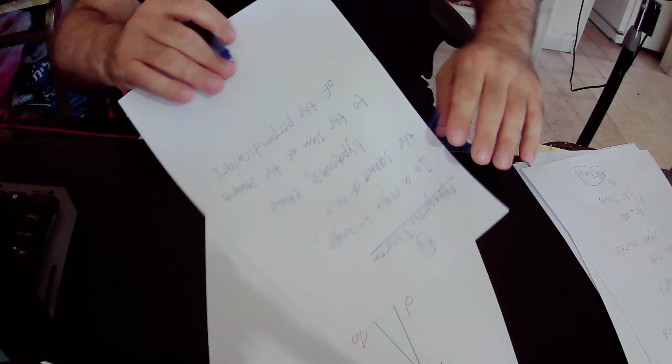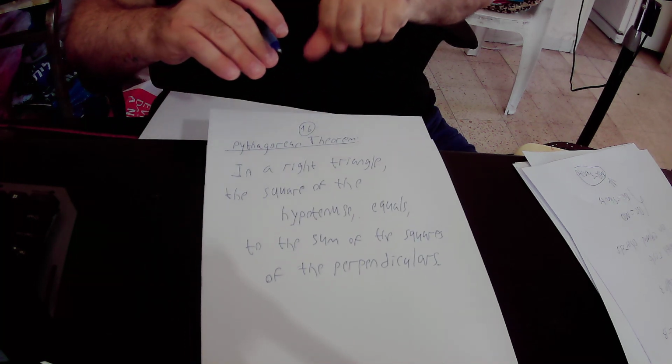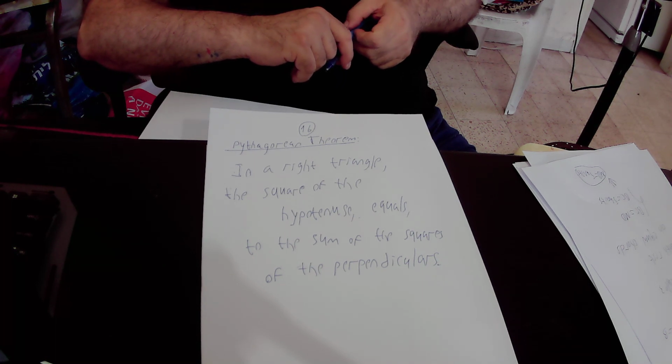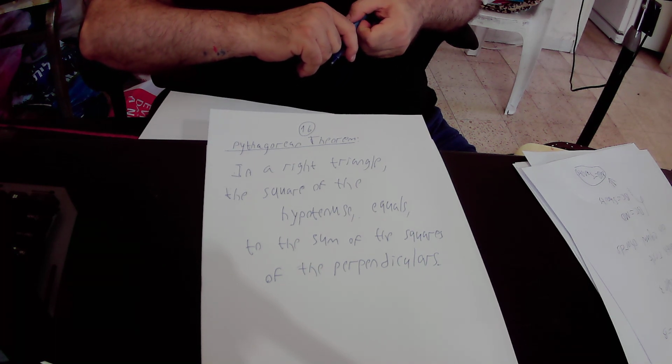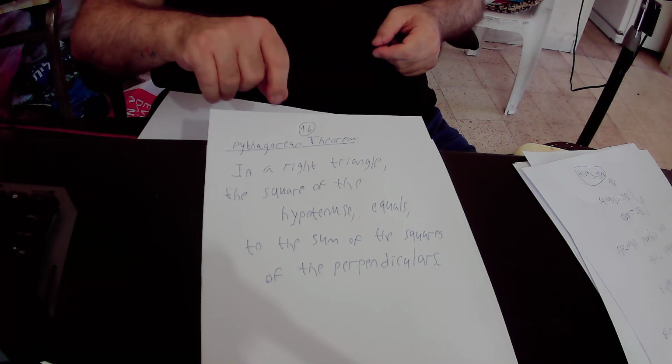So I will read again the Pythagorean theorem. The Pythagorean theorem states that in a right triangle, the square of the hypotenuse equals the sum of the squares of the perpendiculars. Okay?